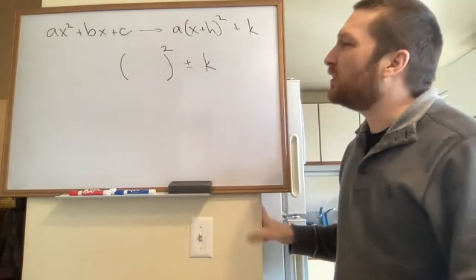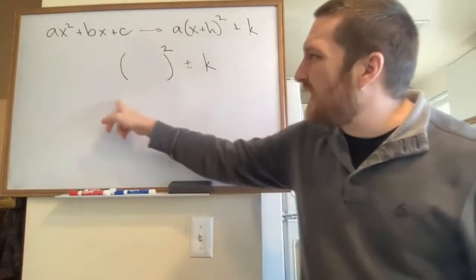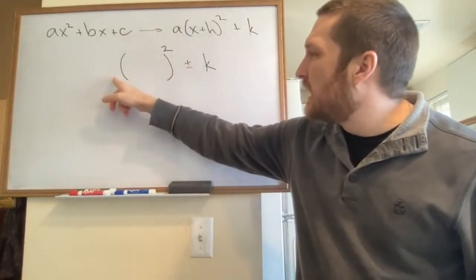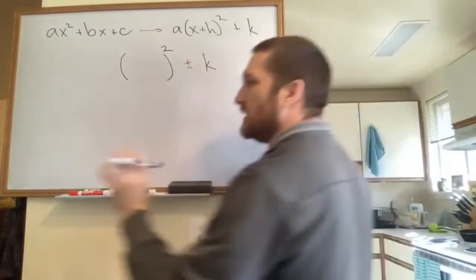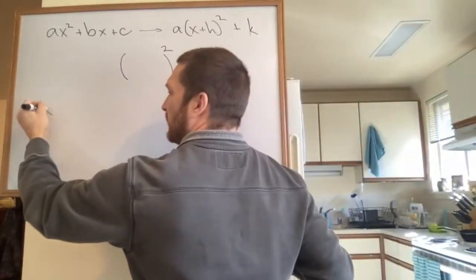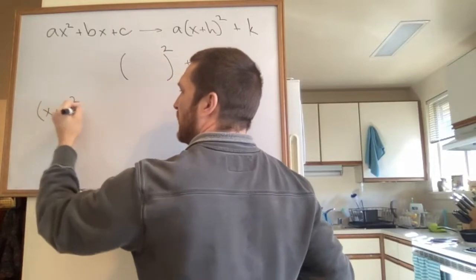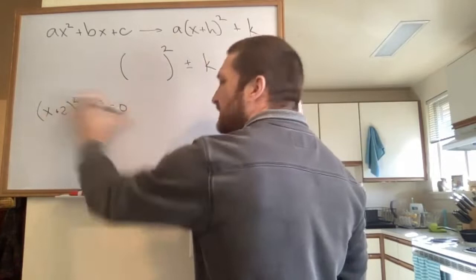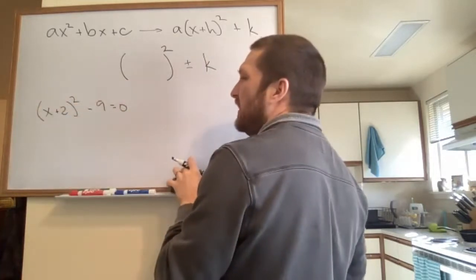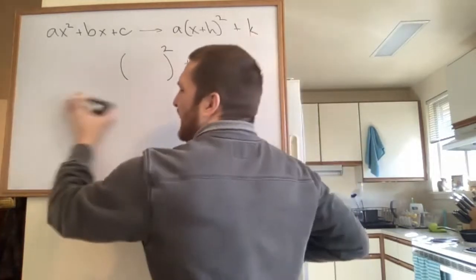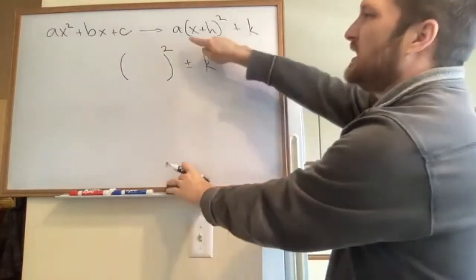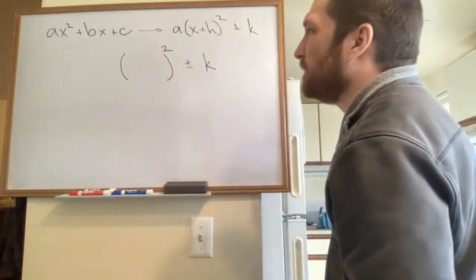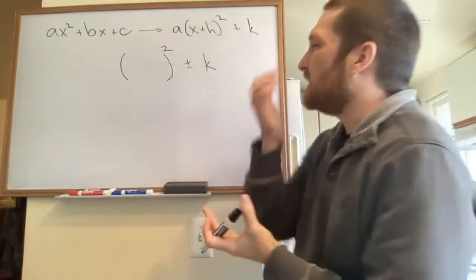You might wonder why bother having that a on the outside, especially when we first started doing these. I just said, well, here's (x plus 2) squared minus 9 equals 0. And we went and did all that kind of stuff. And it seems like this a right here just comes out of the ether, or like, why is the a sitting out front?